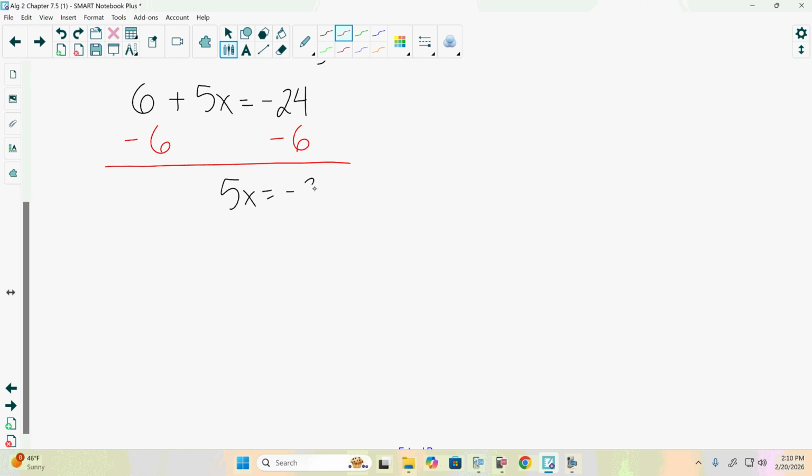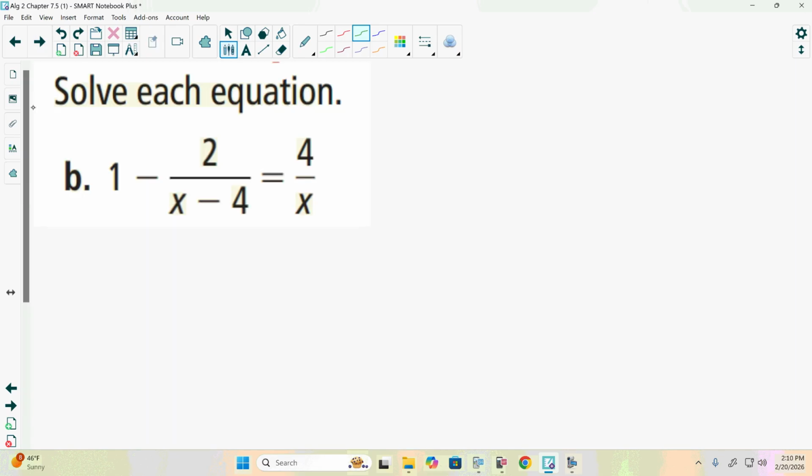Minus 5x is equal to negative 30. So negative 6. Questions on this here? Questions on anything so far? And really, the rest of this isn't any different than what we've been doing. So we do x and x minus 4, go through and solve.